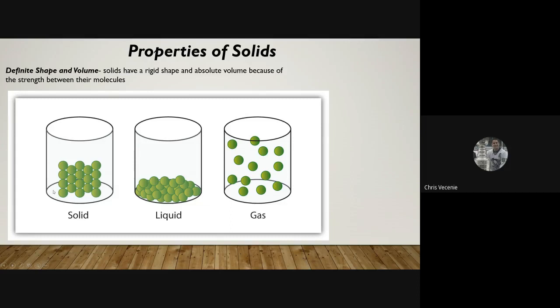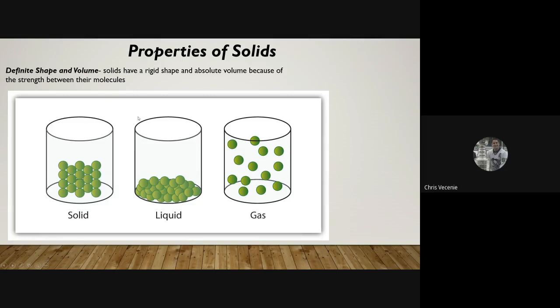If I put a sugar cube in a 2-liter bottle, it's the shape of a sugar cube. It's not the shape of whatever its container is. And if I move it to a 10-liter bottle, it's still the same shape. It's a sugar cube because when I pick up this piece, all of the pieces go with it.